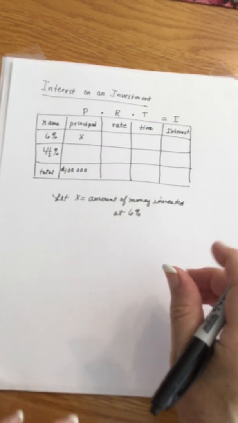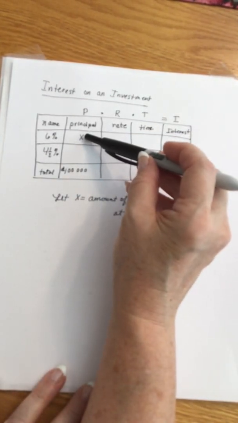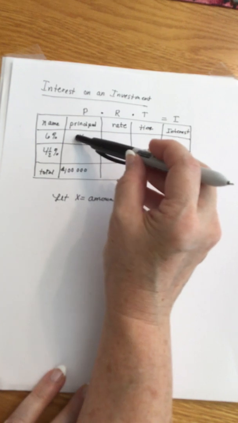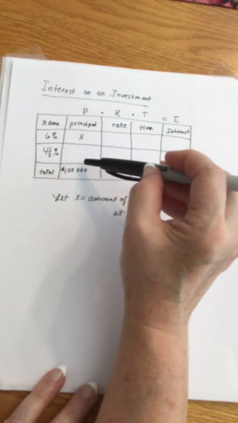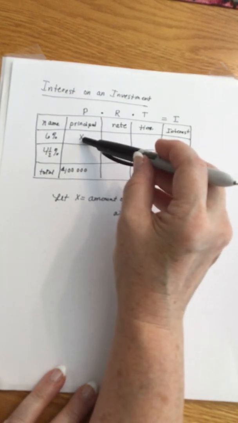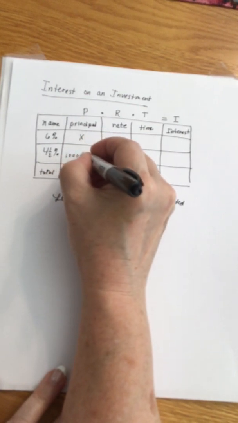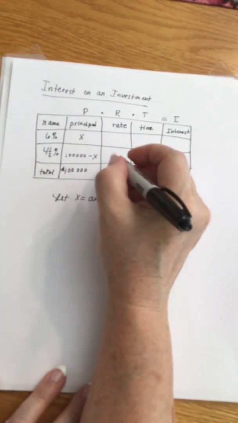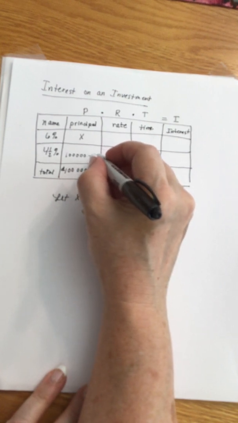So in this case, using the same idea, I'm putting X into the 6%. I'm using up X of it for 6%, and the remainder's got to be 4.5. So what would the total be this time? 100,000 minus what I used already for the 6%. So this is going to be 100,000 minus X. The difference between what you started with and what you took away.